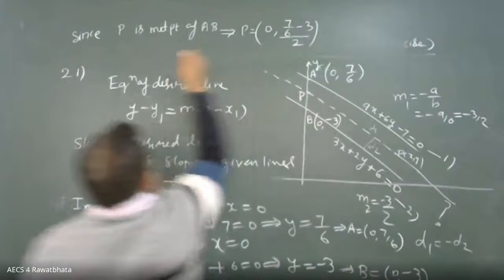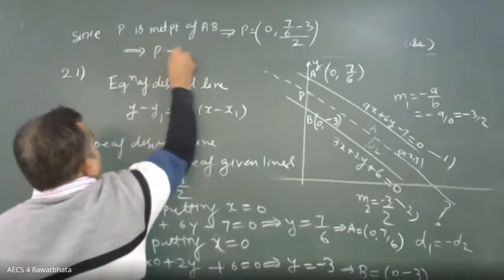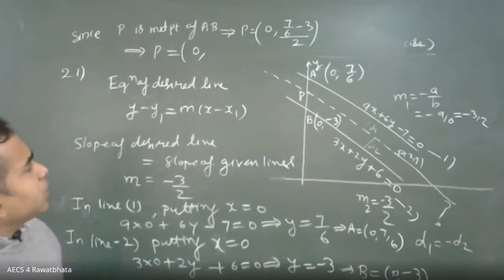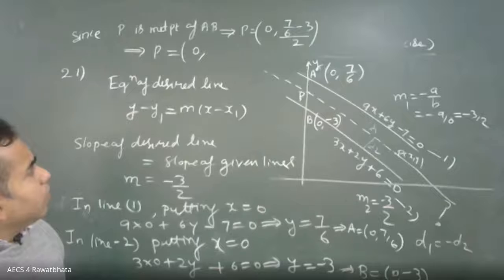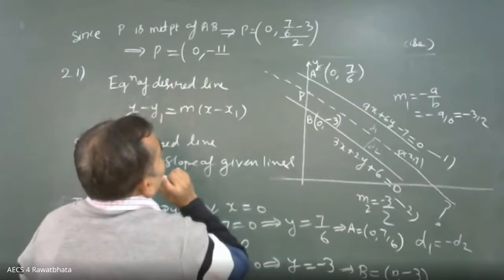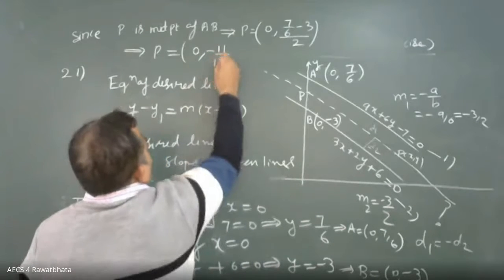This will be how much? So P is equal to (0, ?). Students, how much? 7 minus 18, -11. No, -11 by 2. No, -11 by 12.